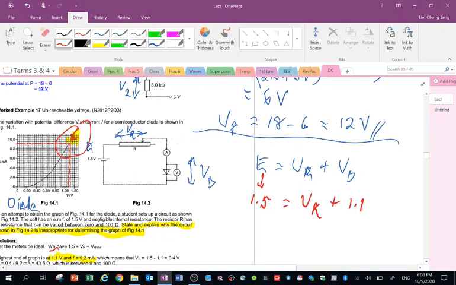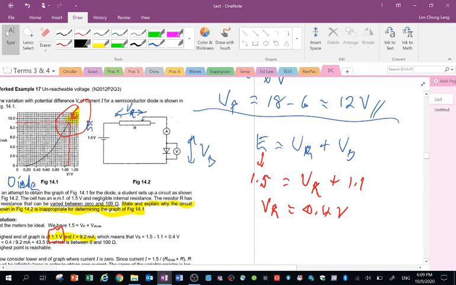So this is the 1.1. So it's a series circuit, but I already know the PD. PD across the diode is 1.1, so VR is actually 0.4 volt. Okay, 0.4 volt.